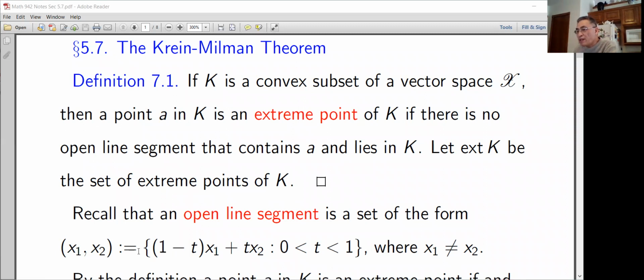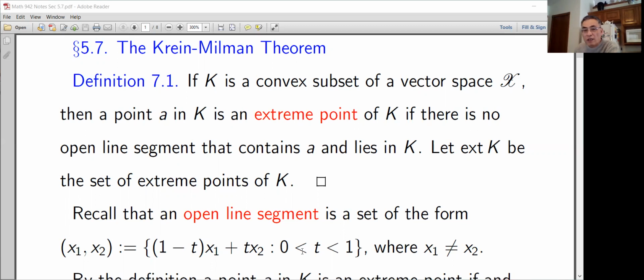So geometrically, this is a line segment. If t is 0, look at this formula, then you get 1 times x1. So t equal to 0 corresponds to x1, and t equal to 1 corresponds to x2.